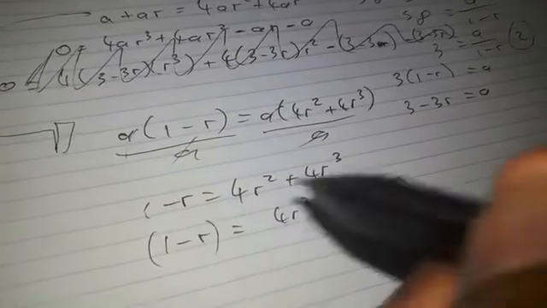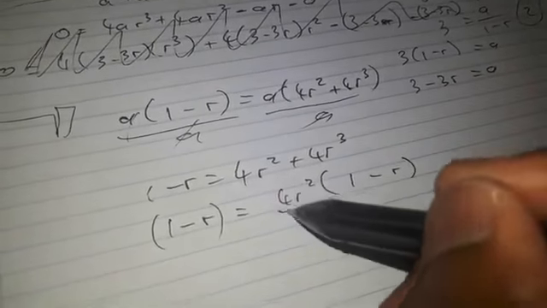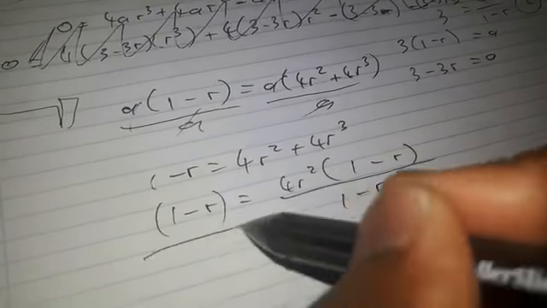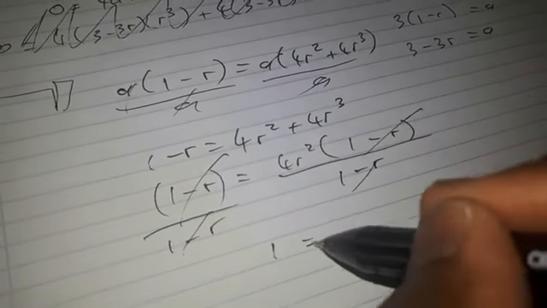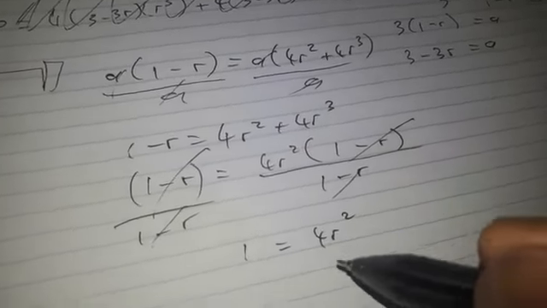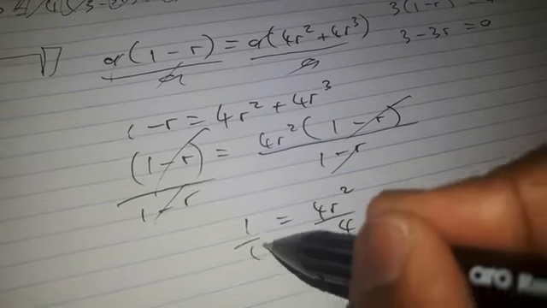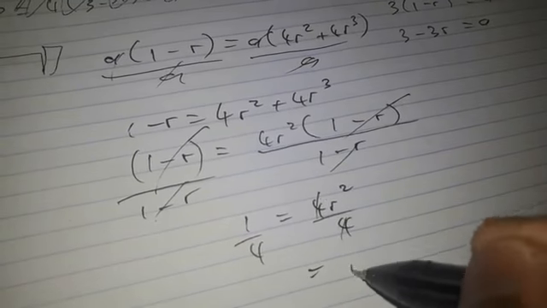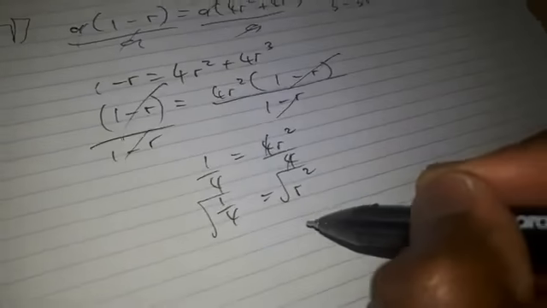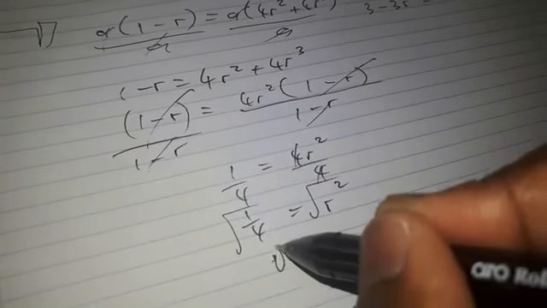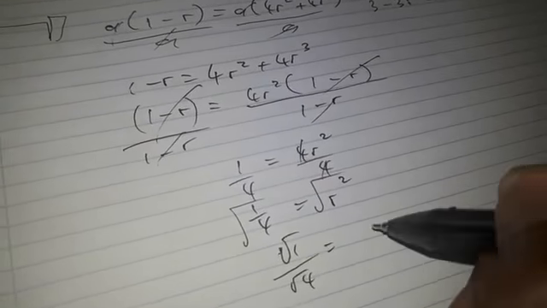Fancy. So it looks like 1 minus r can be removed from both sides, and then we have 1 is equal to 4r squared. Dividing by 4 on both sides, we technically have r squared is a quarter, which is clearly, if you square root both sides, square root of 1 at the top over square root of 4 at the bottom.